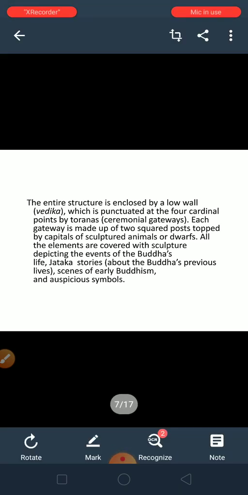The whole element, all the walls, all the pillars, are covered with sculptures of Lord Buddha, Buddha's life, Jataka tales, scenes of early Buddhism and auspicious symbols. Each thing holds some importance.